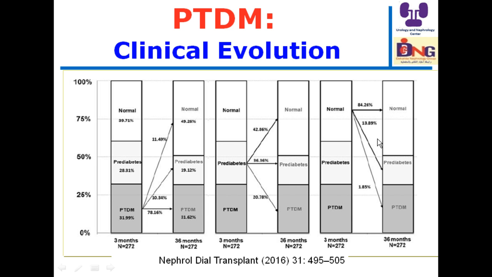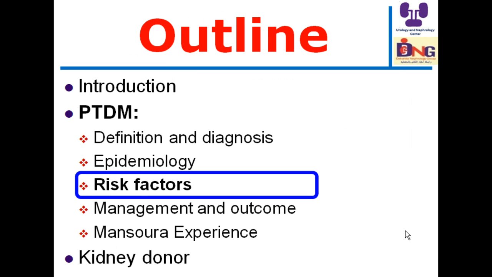And for normal glycemia during the first 3 months, 84% persist to be normal, 13% changed into pre-diabetes, and a small fraction moves to diabetes. So there is always evolution, and this states the value of the oral glucose tolerance test to be used before and after transplantation to know the evolution of these scenarios.